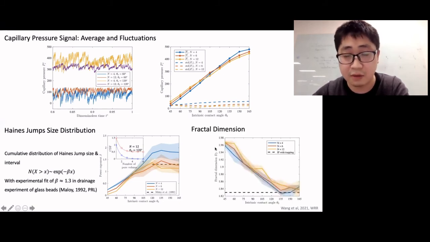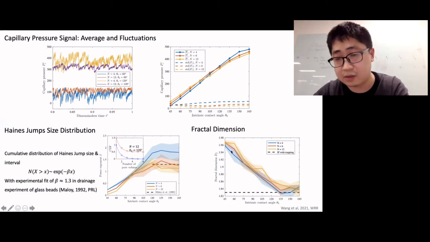And finally, we can look at the fractal dimension of this invasion phase. So it's basically a measure of the amount of pores being filled by the invasion phase. It changes from a value of 2 to 1.83, which is also observed in our experiments.